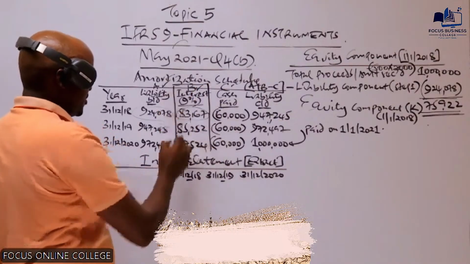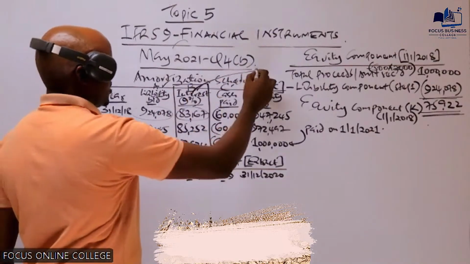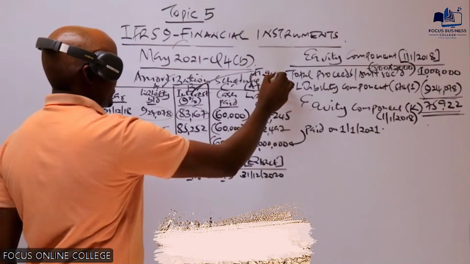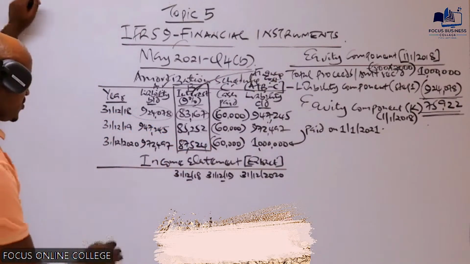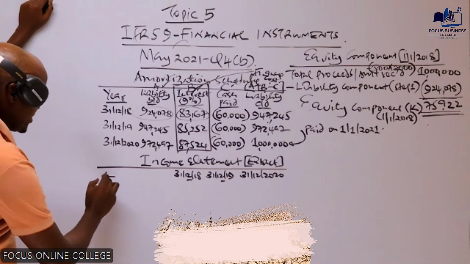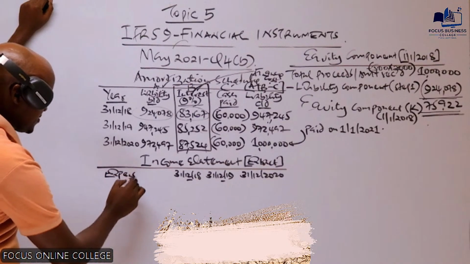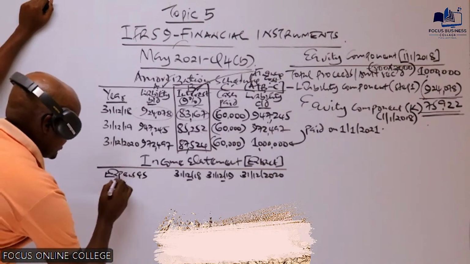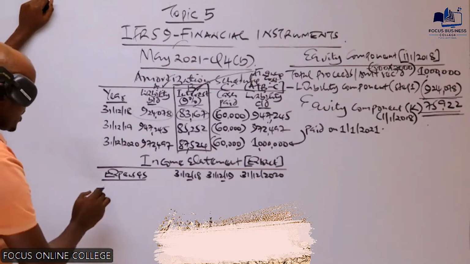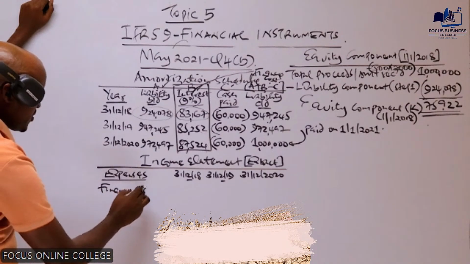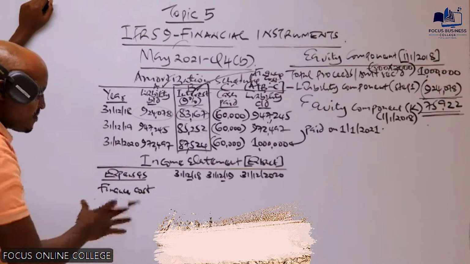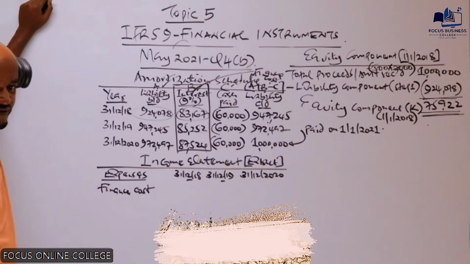This interest should be recognized as part of the finance cost. So in the income statement, specifically at the expenses, any form of interest will be recognized as part of the finance cost.